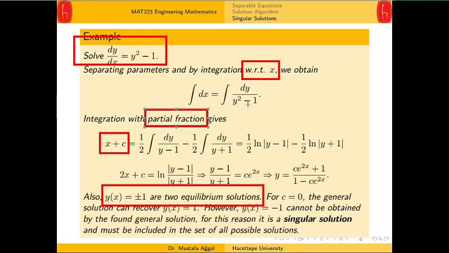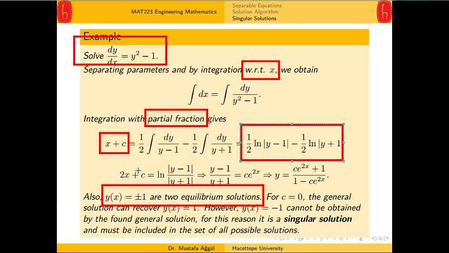So when we separate this into partial fractions, this integration can be rewritten as the difference of these two integrations. Then we have 1 half ln |y minus 1| from the first integration, and in the second integration we will have negative 1 half ln |y plus 1|. If you multiply both sides by 2, because we have 1 half in common for both terms, we will have 2x plus c.